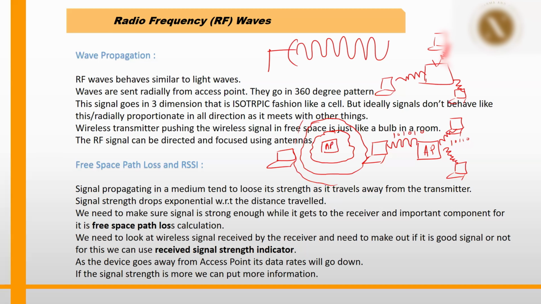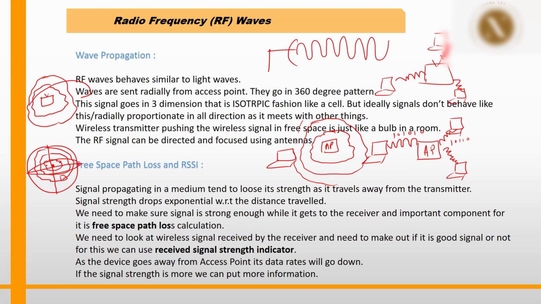The same way, when the radiation from the AP goes out, it goes in a 360-degree direction. Suppose the AP is here, the signal goes radially like this, and like this.